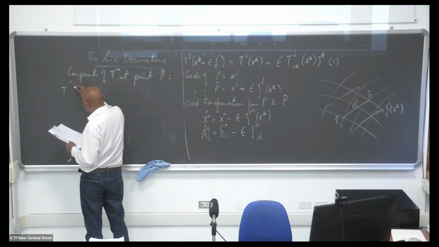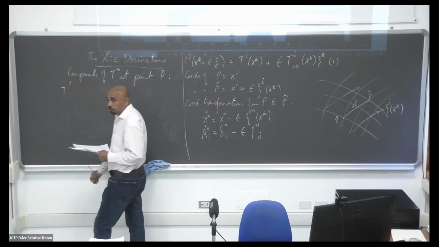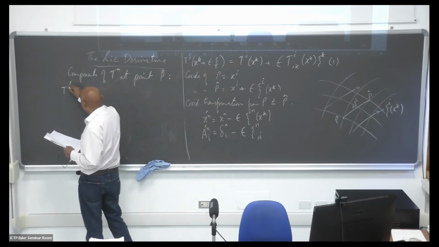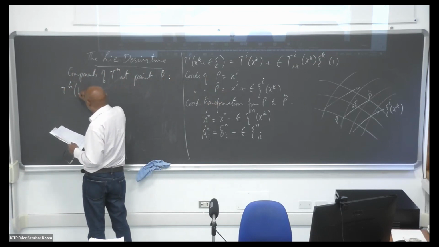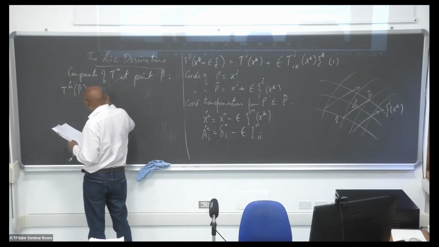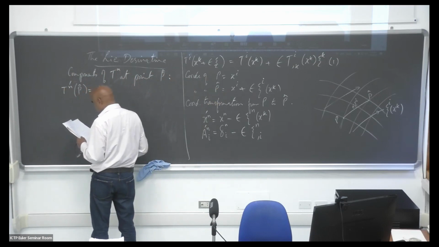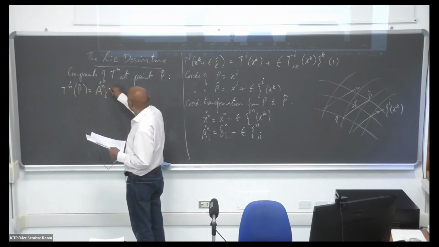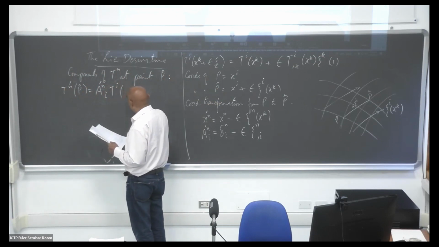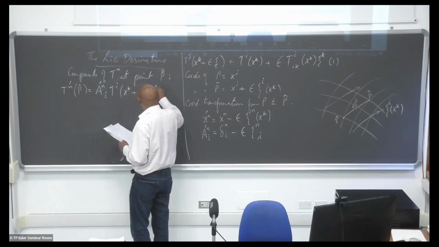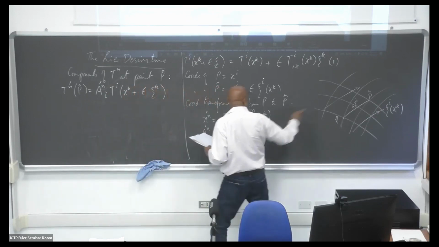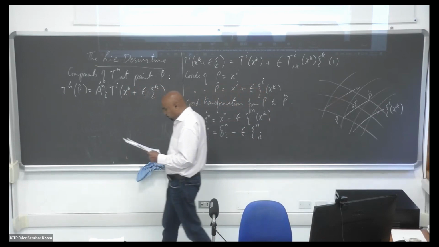So now this is the transformed component, new coordinates Tn prime at P hat. This will involve this matrix of transformation Ni prime Ti with new position of xk plus epsilon xik at this point P hat.